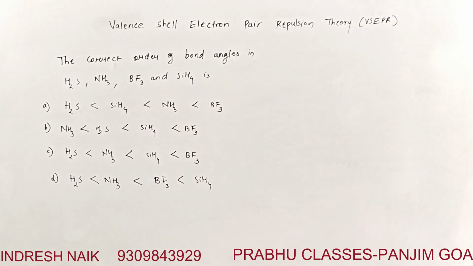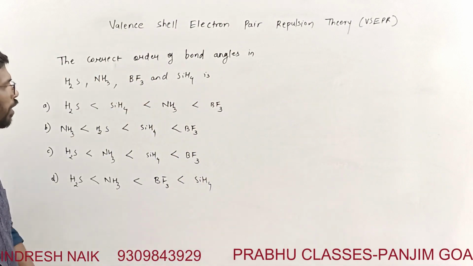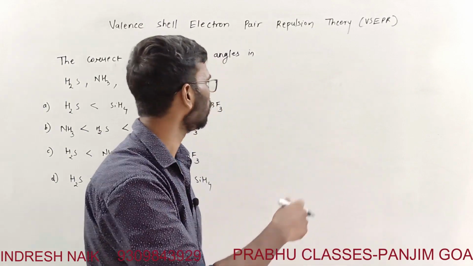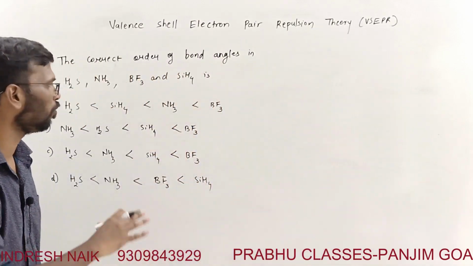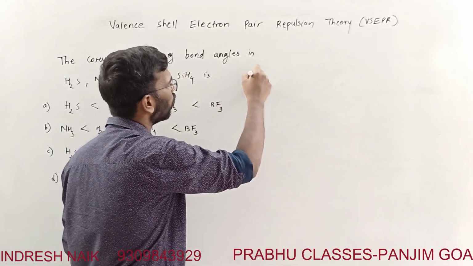Okay, this question. The correct order of bond angles in H2S, NH3, BF3 and silicon hydride. Bond angle is asked. I'll make some statements. You can just take the help of these whenever questions are asked regarding bond angles. So the thing is, you have to remember this.